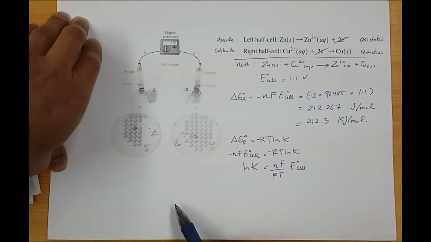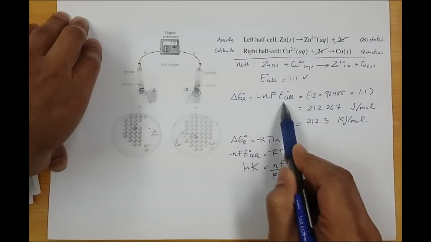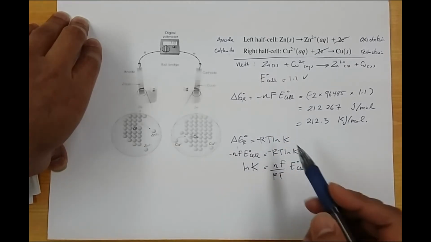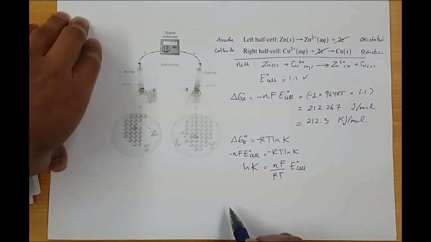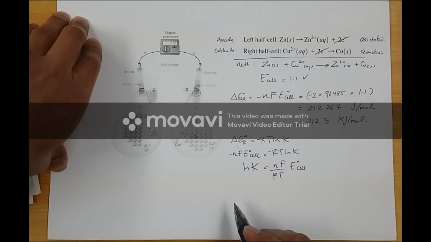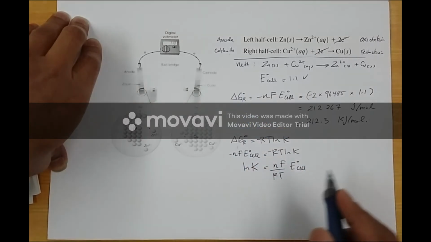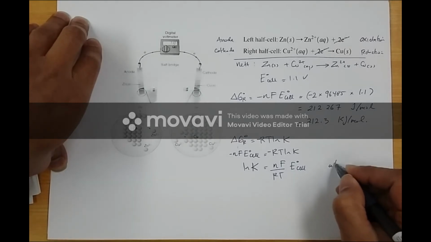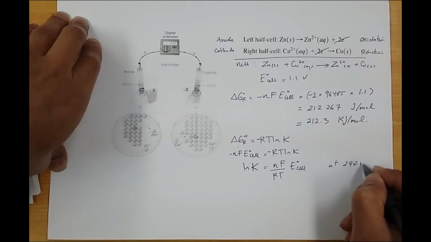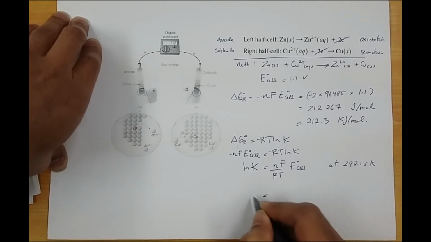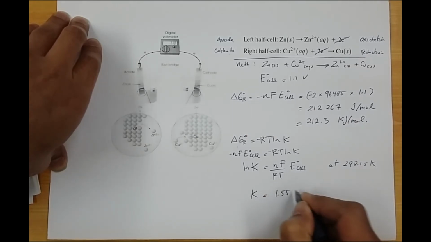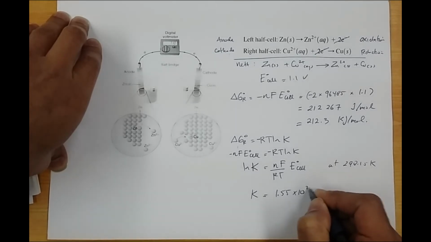So in principle, if you know the E cell and you know the N, the number of electrons participating in the reaction, you can calculate K. And for the Daniell cell at 298.15 Kelvin, this K is about 1.55 times 10 to the power 37.